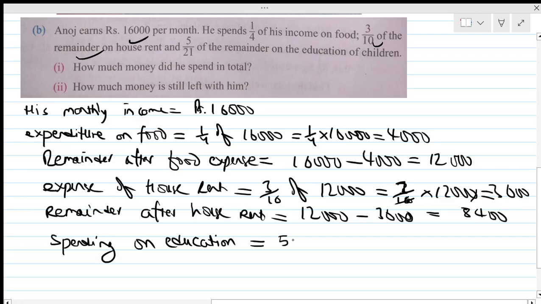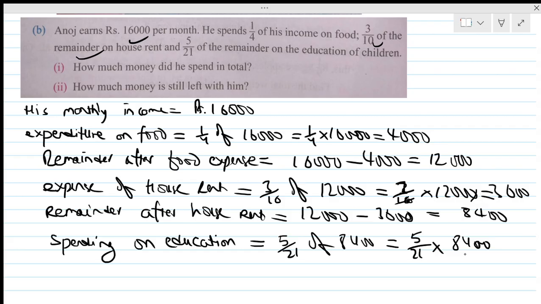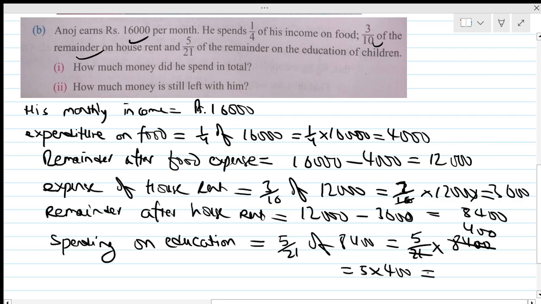So 5 by 21 of the remainder 8,400 we have to do. So it is 5 by 21 into 8,400. 21 into 4 is 84, so 21 into 400 gives 8,400. So now there is 5 into 400, and 5 4s are 20, so 2,000 rupees. So he has spent 2,000 rupees for the education of his children.